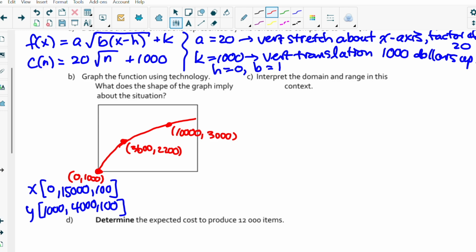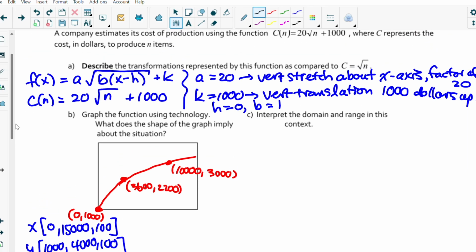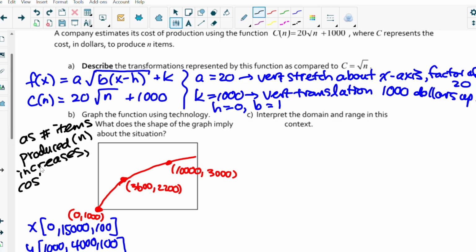What does the shape of the graph imply about the situation? So as the number of items produced n increases, cost C of n increases, but at a slower rate.